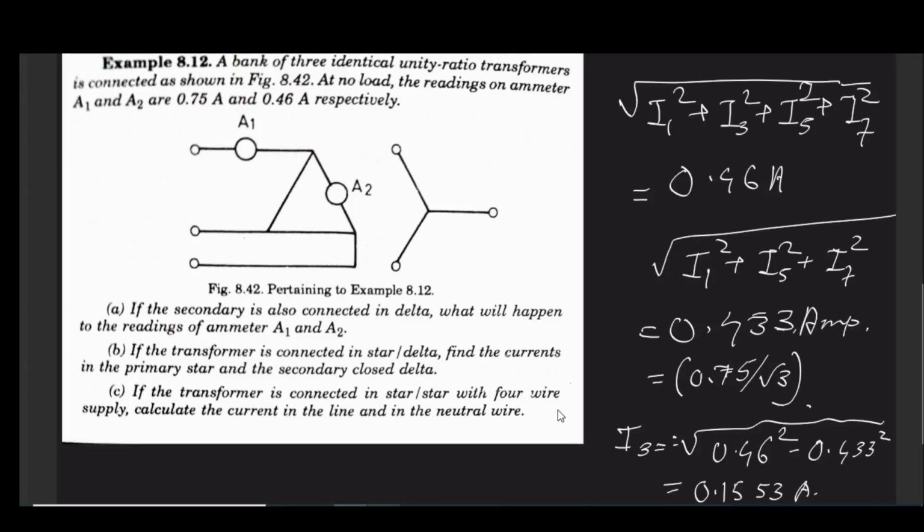Anyway, you try this one, and one thing is very clear, that if you connect the primary in star, and your neutral is not grounded, no third harmonic current will flow through the primary. Now current in the secondary will be how much? Current in the secondary will be that third harmonic current will flow.